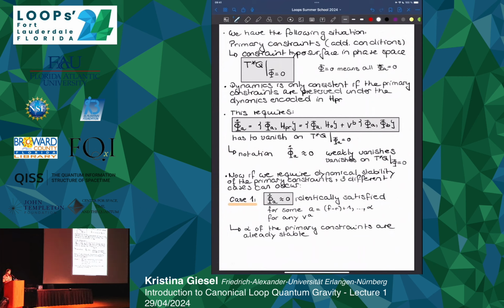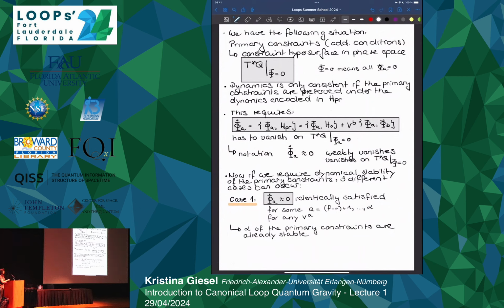Now, if we think about evolution, and let's say we ensure that the primary constraints are satisfied at one instant of time, it is of course dynamically only consistent if this is also preserved under the evolution.